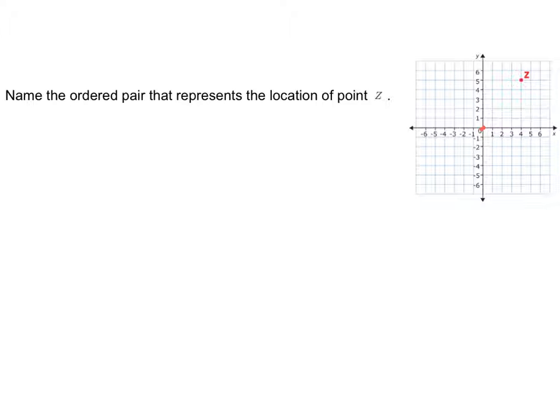From the origin, we have to move 1, 2, 3, 4 spots to the right to line up with Z. So in our ordered pair, it's going to be a positive 4 for our x coordinate. Then from there, we have to go either up or down to get to Z. We have to go up 1, 2, 3, 4, 5 spots. So our ordered pair is (4, 5).